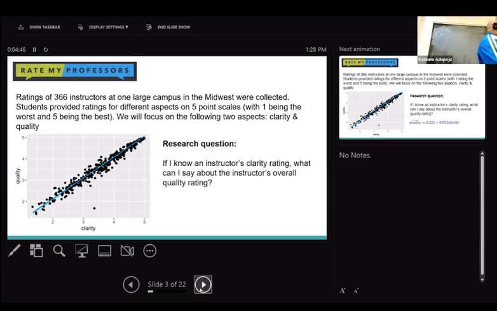Now, take a look at this. This is a research question. Based on the assignment that I gave last week, when I asked you to identify which one is a prediction and which one is an explanation, of course, when you hear "if this," that's a prediction.